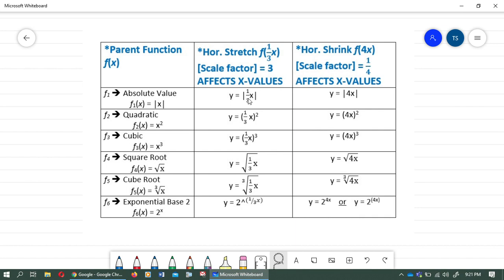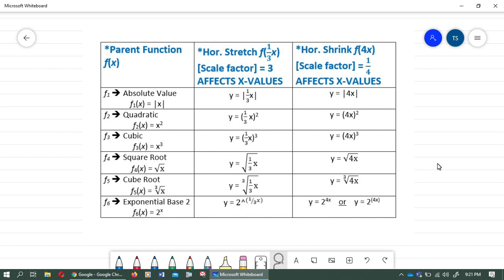In all of these charts that I've shown you, each equation only has one transformation. But we're now about to get to a place where we're looking at functions and equations where more than one transformation is occurring.